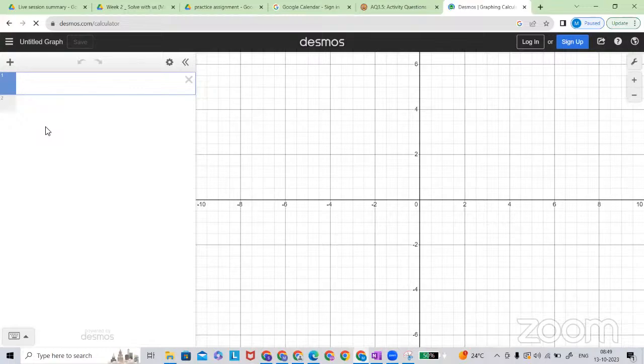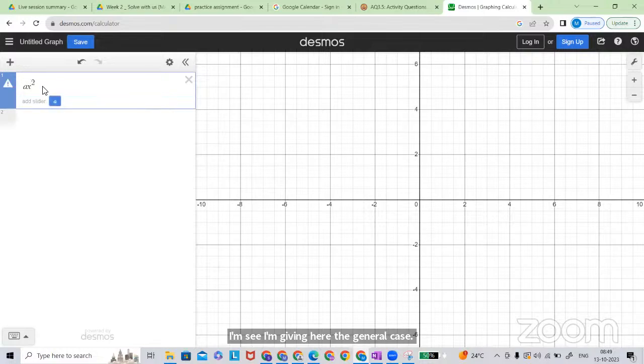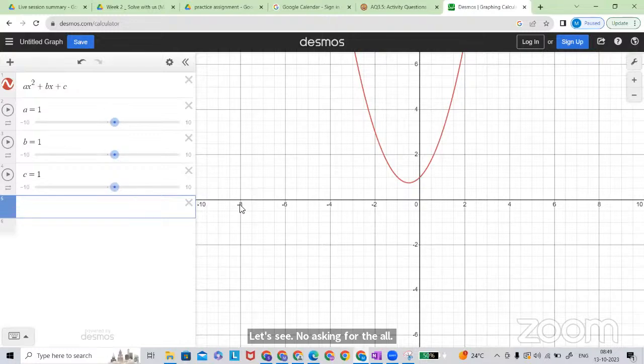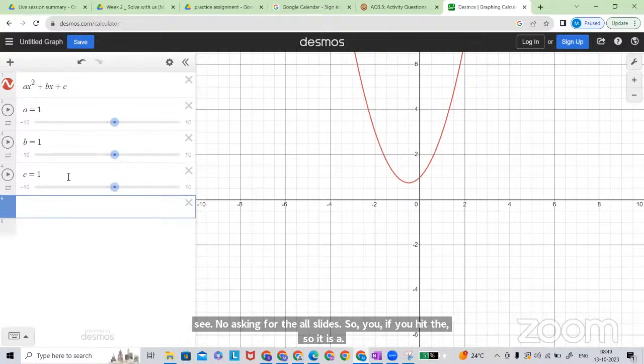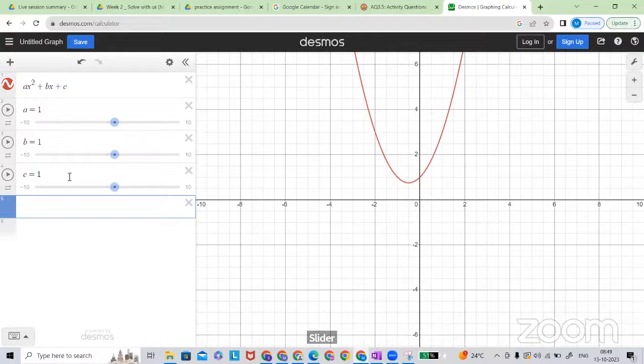I am giving here the general case, a x squared plus b x plus c. Now it asks for all sliders. If you hit enter, it is a slider. Now a, b, c are parameters in the range of -10 to 10.